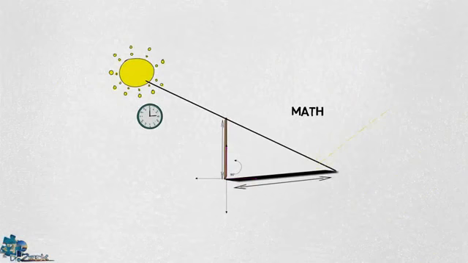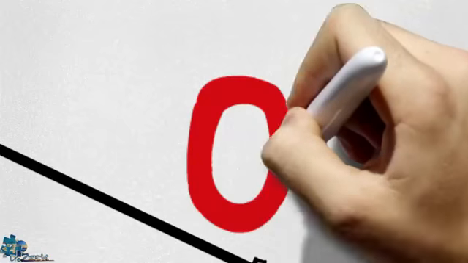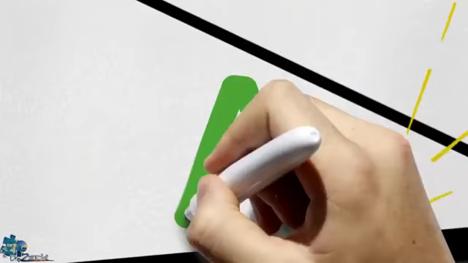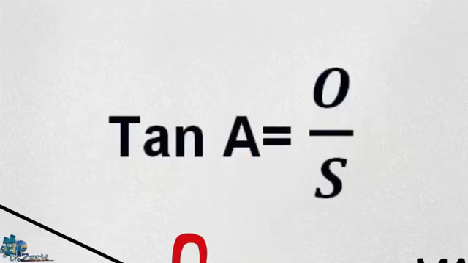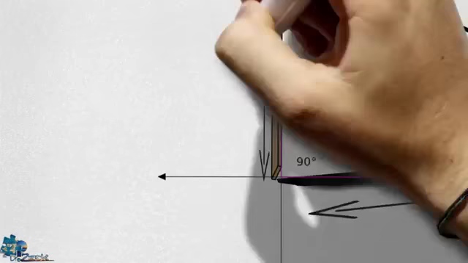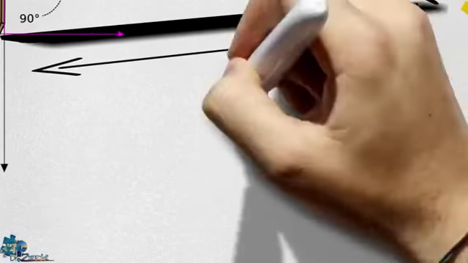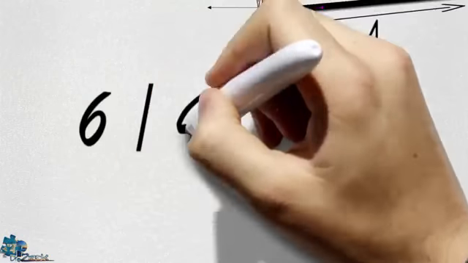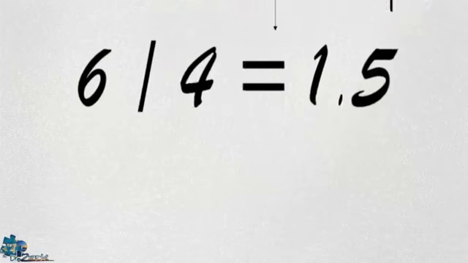Now, to calculate the angle, you have to do the math. So let's give a name to the stick. Let's name it O, object, and the shadow S. And the angle A. So tangent A is object divided by shadow. So let's say the stick is 6 and the shadow is 4. So 6 divided by 4 is 1.5.